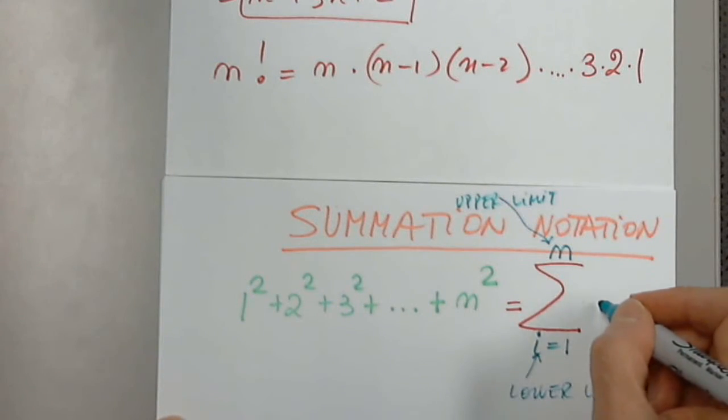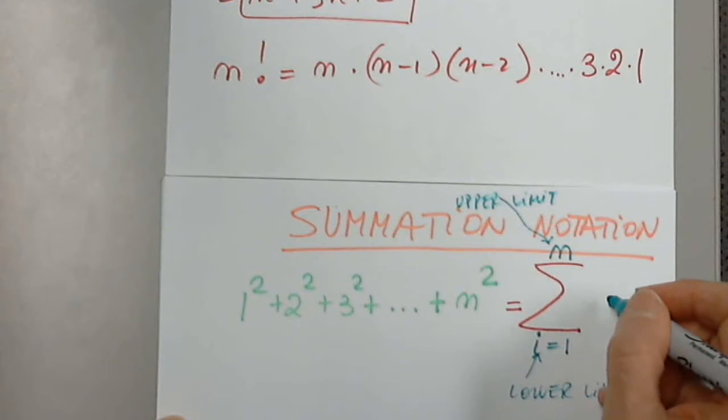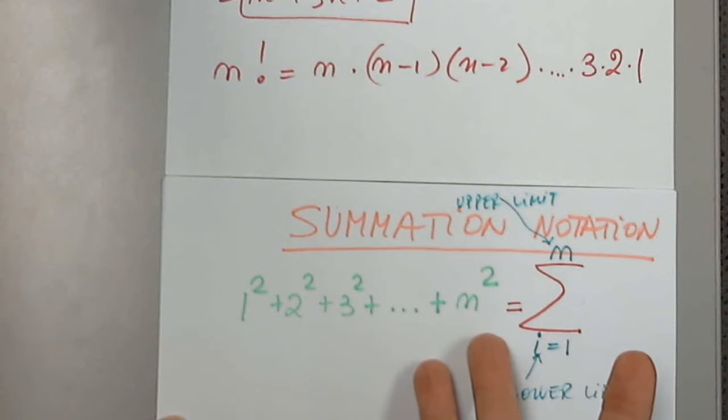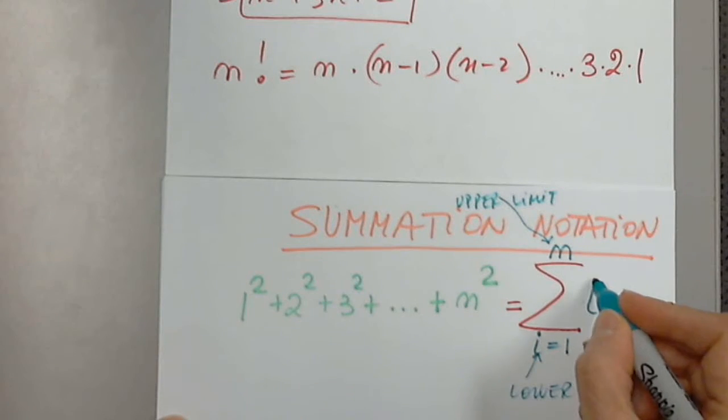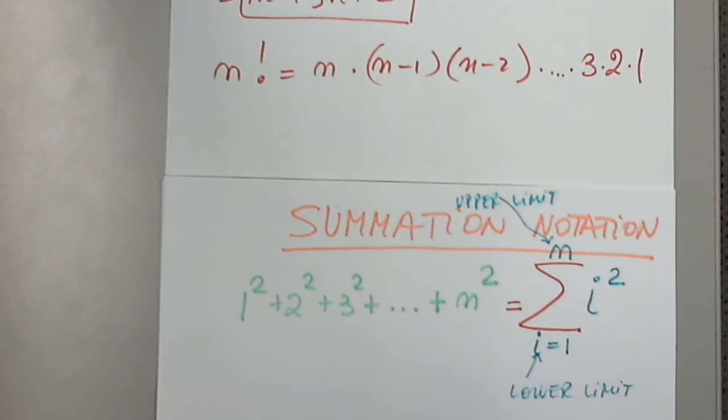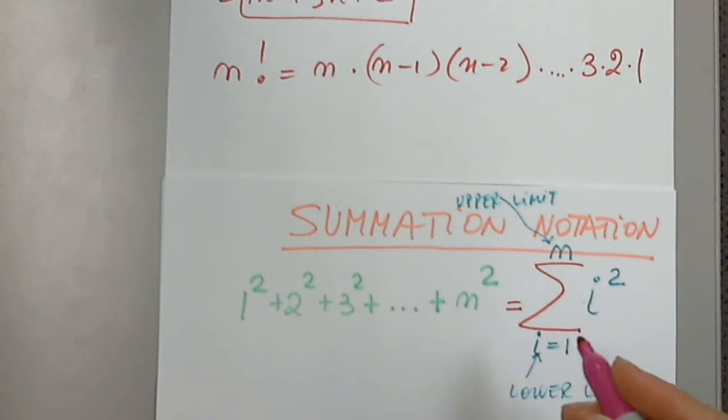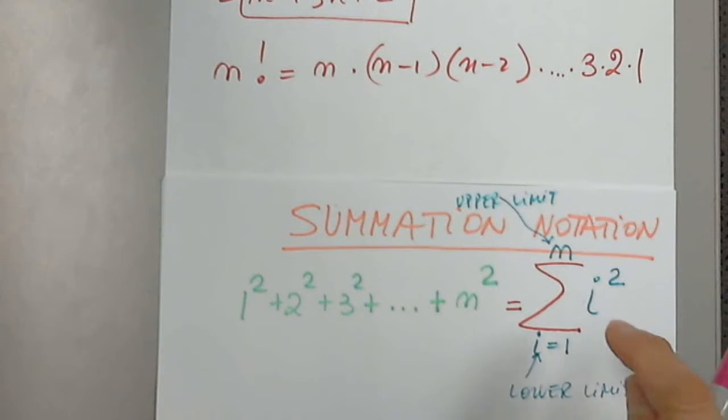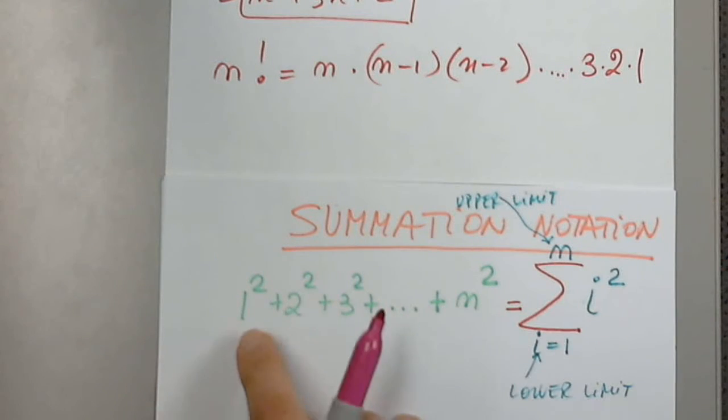And what do you think I'm going to write right in front of the summation notation? Exactly what this means. It means I squared. Let's do this together. And then we're going to play with this and come up with the sum and the generic term. Okay. When I is 1, 1 squared.